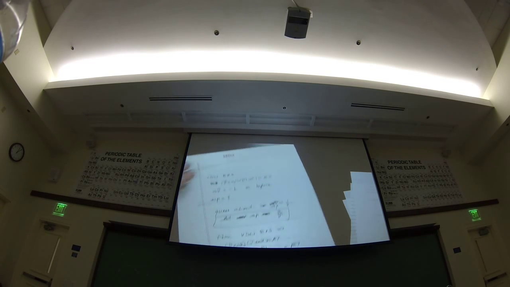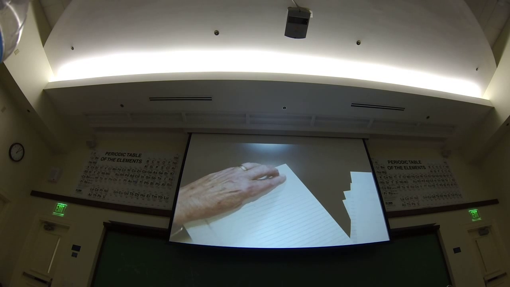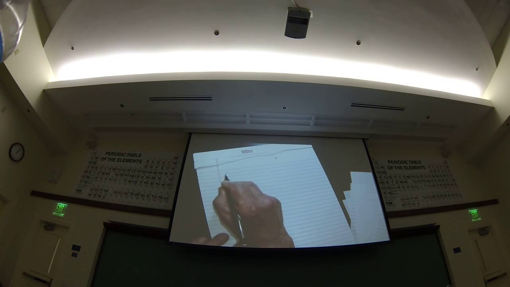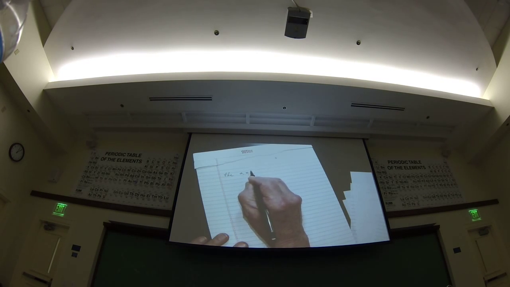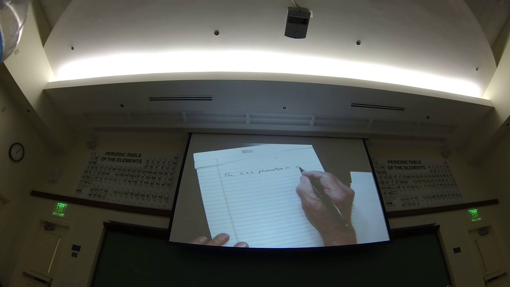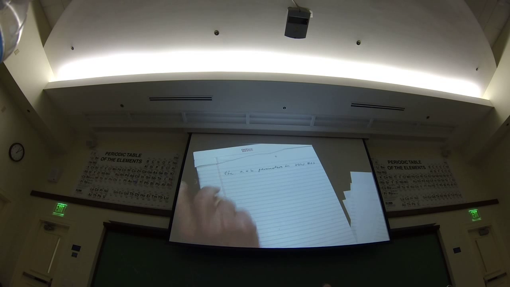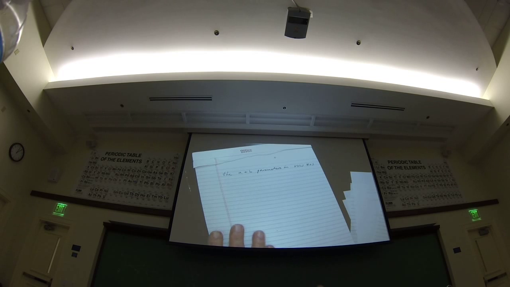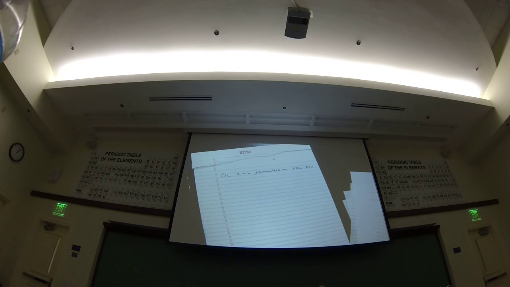Talk about A and B parameters. Where do they come from? Self volume and intermolecular forces. And how do you put numbers to them? You consult a table of A's and B's.